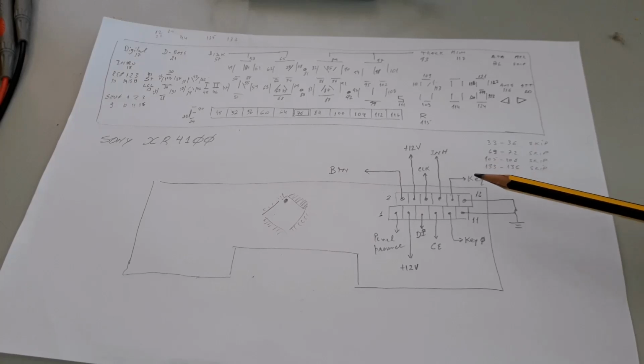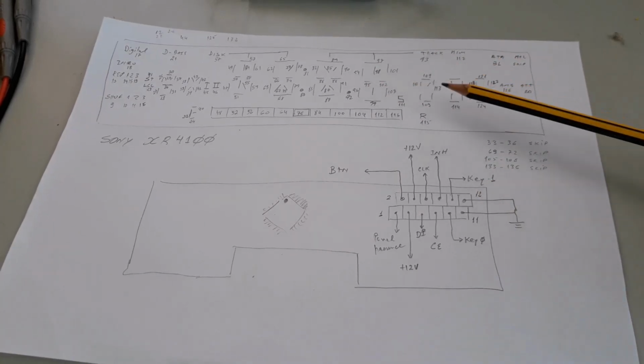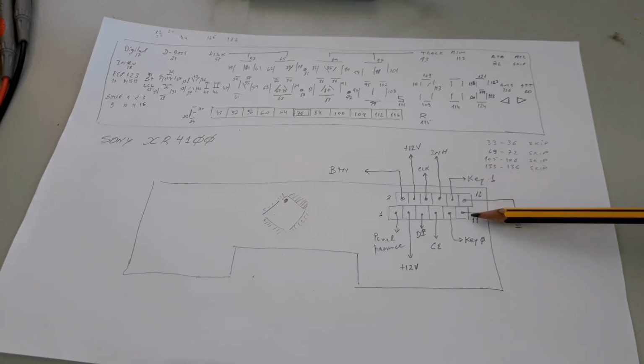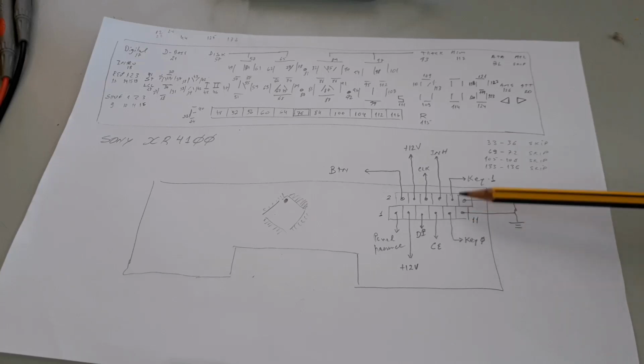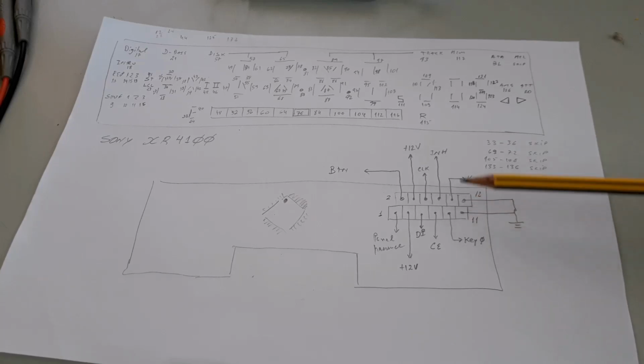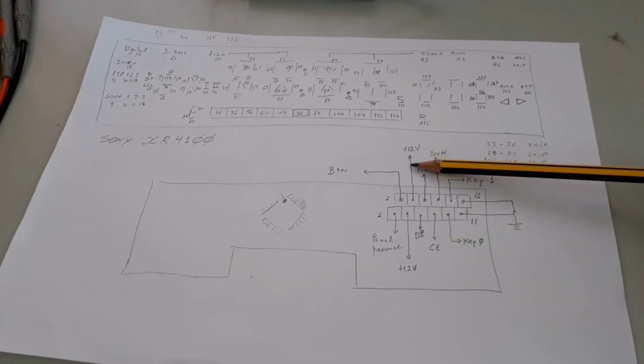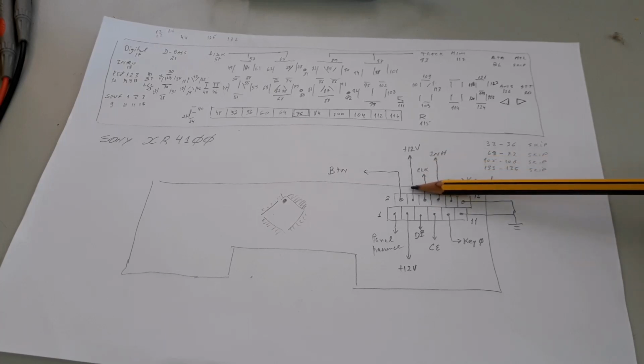Here you have the identification of the pins and the numbers that belong to the segments. In the pins of the connector of the panel, you have pins 11 and 12 as keys and D, the both groups of the keys, INH, chip enable, clock, data in, the 12 volts DC from the car.